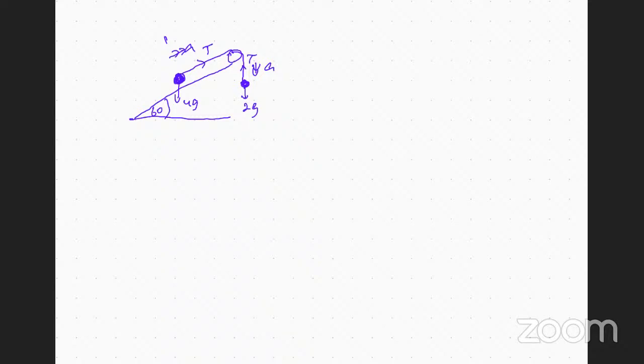Find the acceleration of the system and the tension of the string. Do your thing there. Same principle: you have to get two equations with T and a in them, and then solve simultaneously. Hurry.